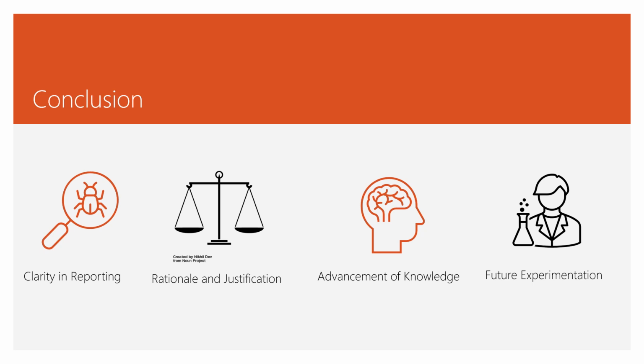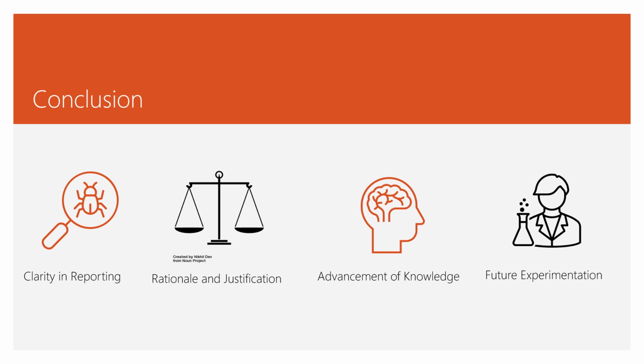So again, the conclusion is in summarized form. It is concise, and this conclusion consists of the justification of your research article and how your research paper is leading to the advancement of knowledge.